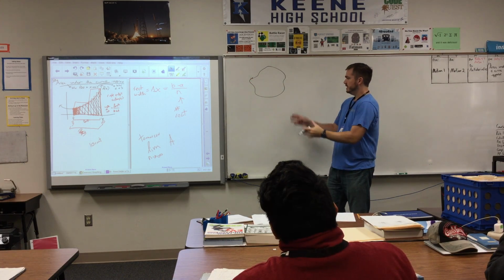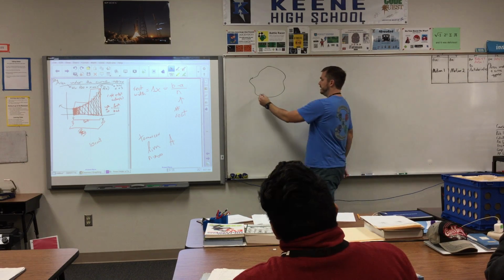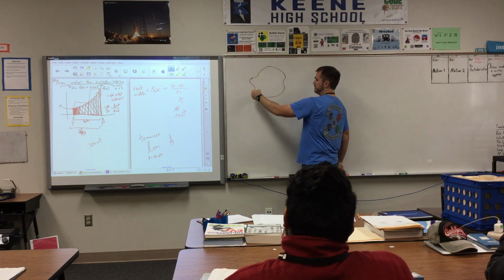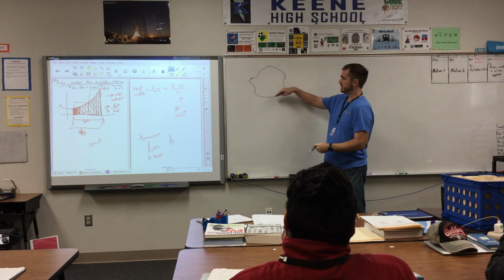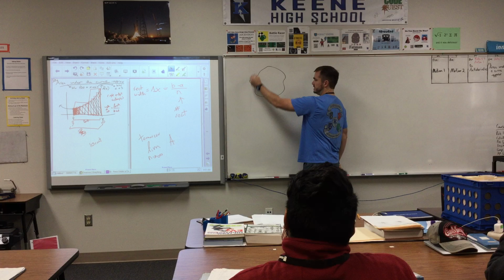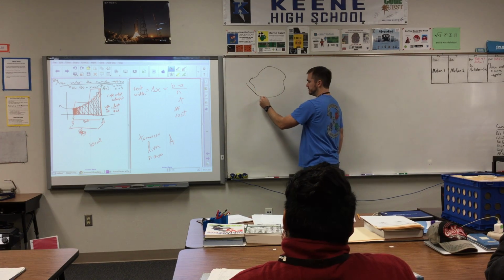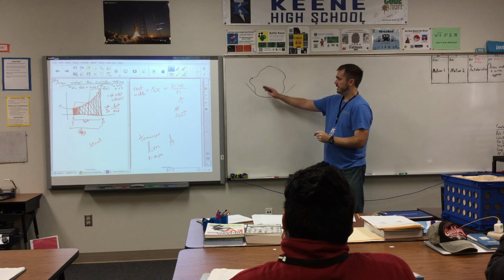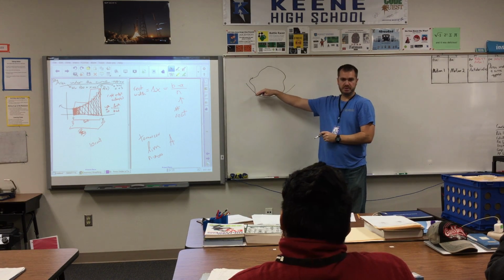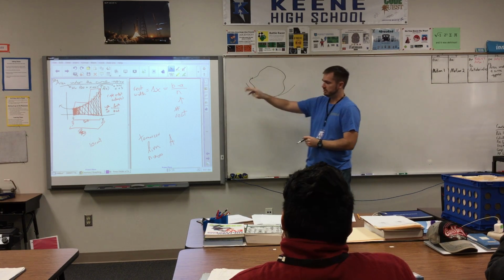For instance, if you've got a pond or a lake, you could do the same process. You could approximate it, or if you're able to find a function that models it, then you can utilize that process.